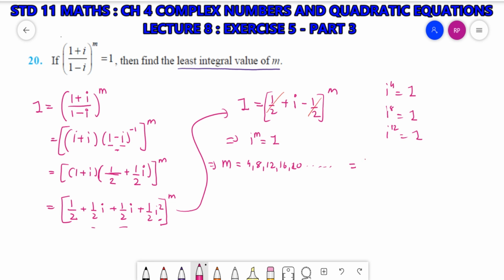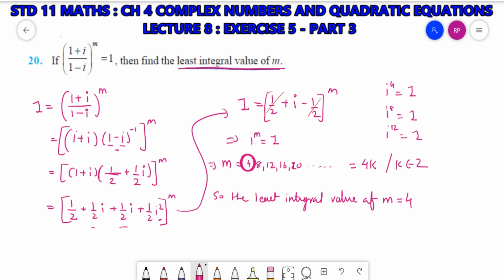In short, this will be equal to 4k where k belongs to Z. Clear? Now see, what is the question? Least integral value of m. So from all these values 4, 8, 12, 16 and 20, which is the least? 4. So the least integral value of m is equal to 4.